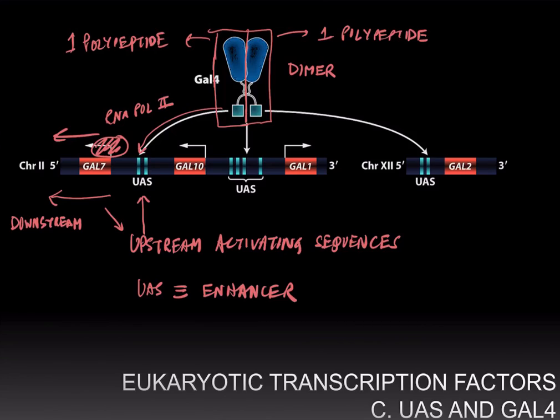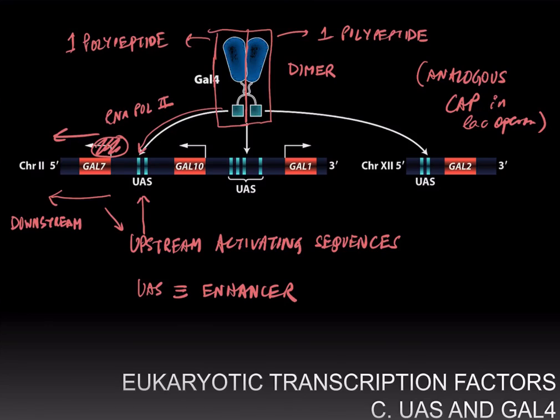So GAL4 is analogous to the catabolite activated protein in the lac operon, since catabolite activated protein recruits RNA polymerase to the promoter and increases the rate of transcription of the lac operon. Similarly, GAL4 recruits RNA polymerase to the promoter and increases the rate of transcription of the GAL genes.